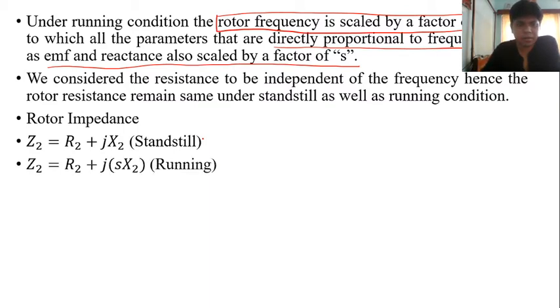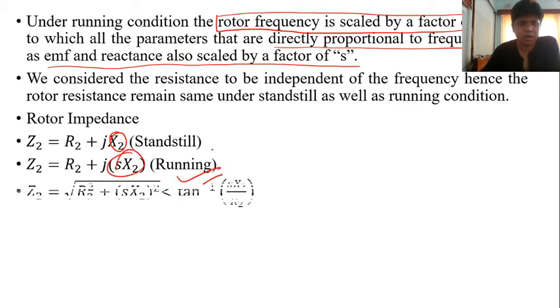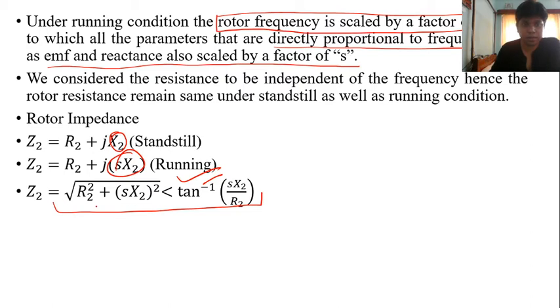And when we talk about the running condition, then this leakage reactance is scaled by a factor of S. So this is the complex form of the rotor impedance in running condition, and this is the polar form of the rotor impedance, right?